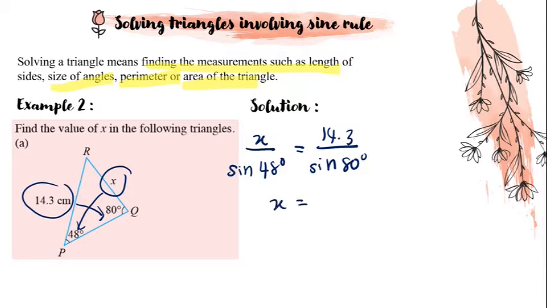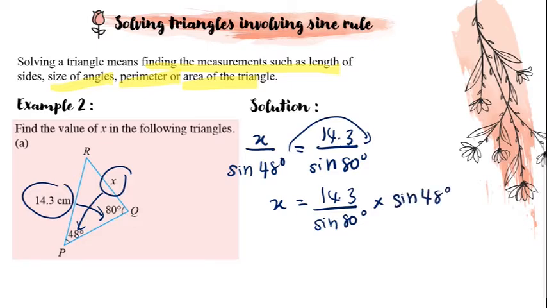So x is equal to 14.3 divided by sine 80 degrees, multiplied by sine 48. Pressing the calculator, you will get the answer 10.791 cm.